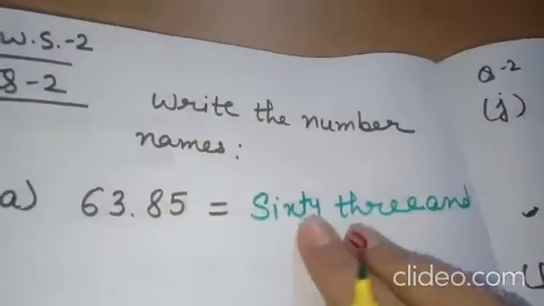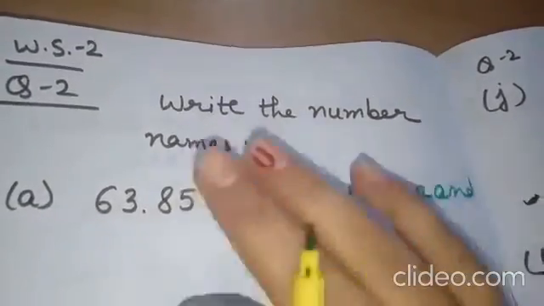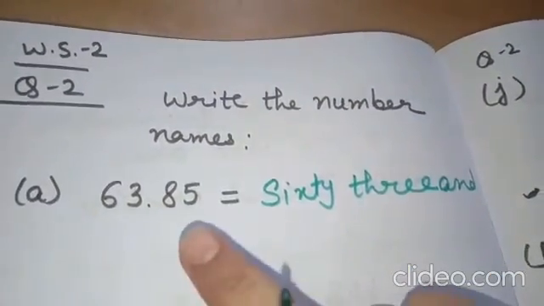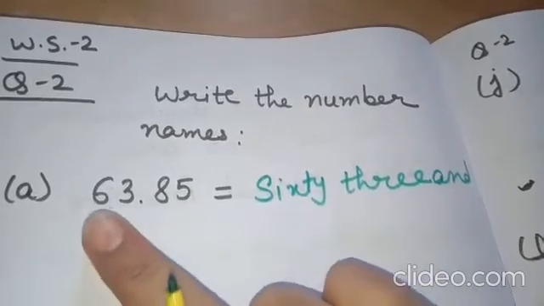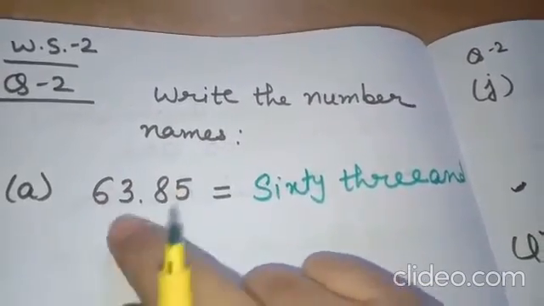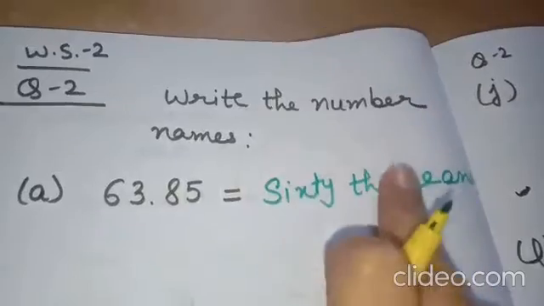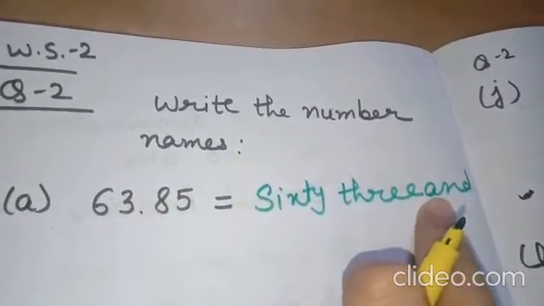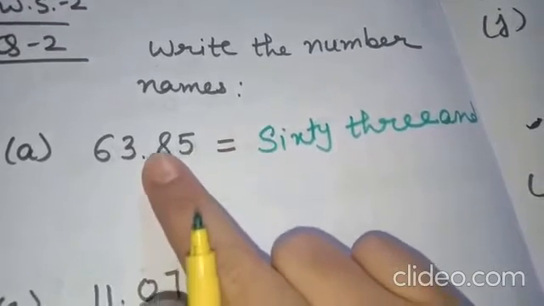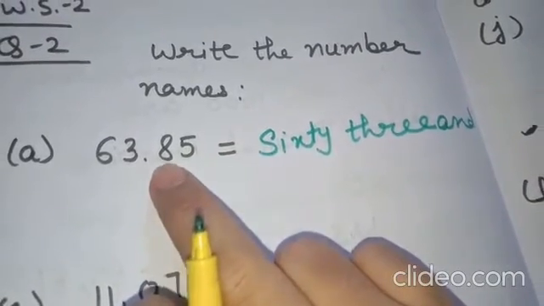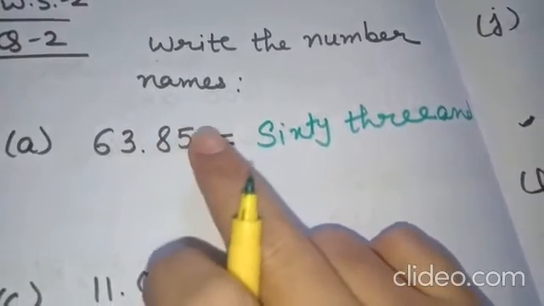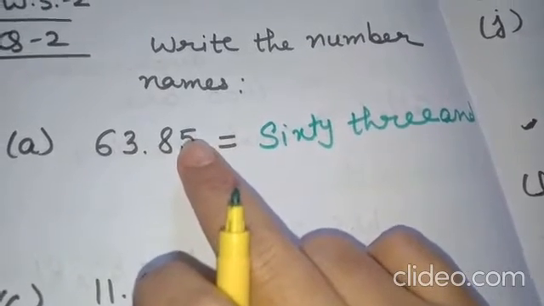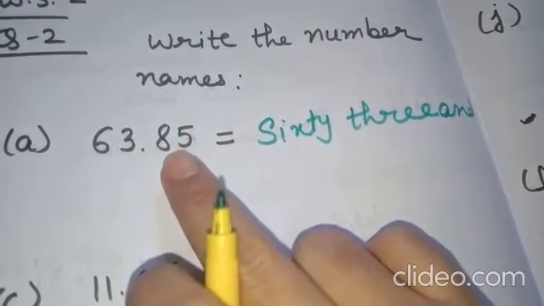Now let's start question number 2. We have to write the number names as we have done in worksheet 1. 63: the number before the decimal will be written as it is, 63, then the point will be written as "and". But there's a difference: in that worksheet only one digit was there, but now there may be 2 or 3 digits, as we have discussed 2 new places, hundredths and thousandths.